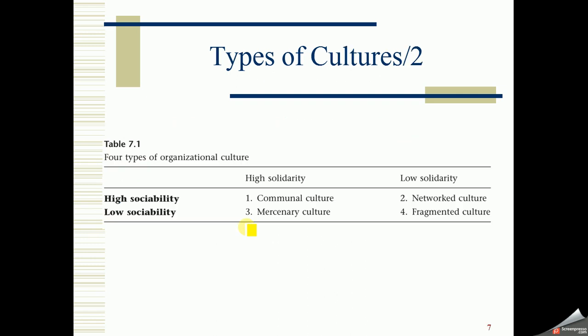To be able to understand the different types of culture, we can divide them in two dimensions. One is solidarity and the other is sociability. So the solidarity can be high or it can be low, and similarly the sociability can be high or low. A culture with high solidarity and high sociability will be a communal culture.